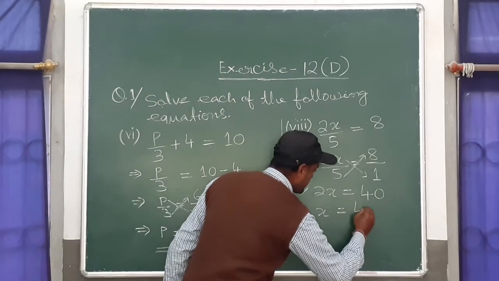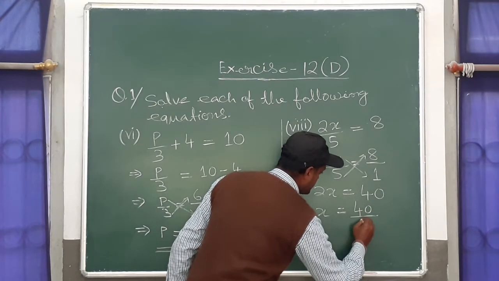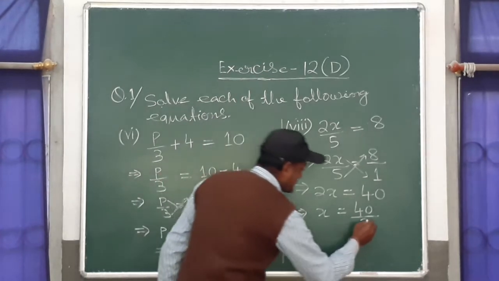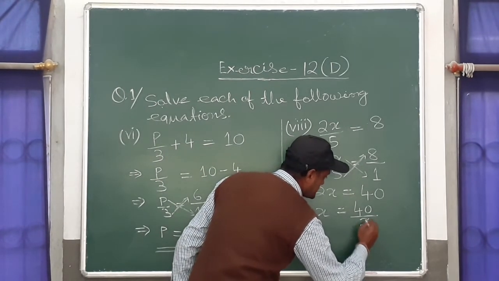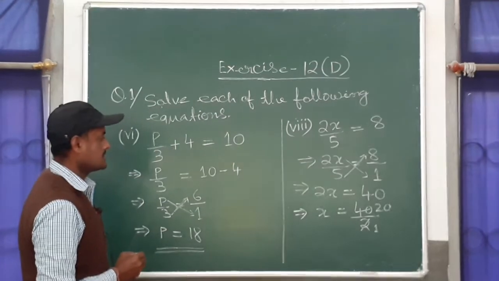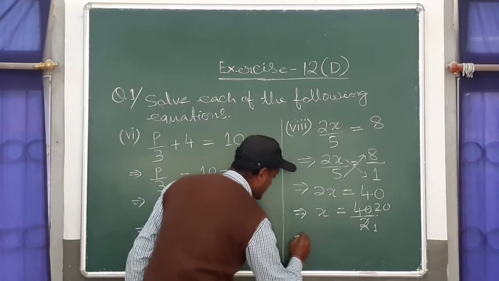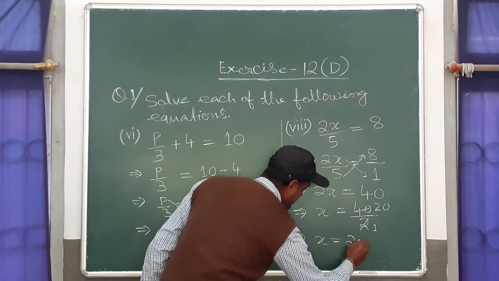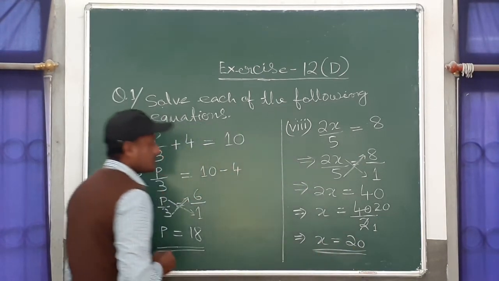So here we will write 40 upon 2. Now when we will simplify, 2 1 is 2, 2 20 is 40. So we got the value of x is equal to 20.